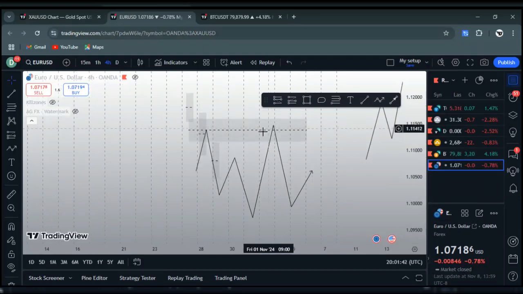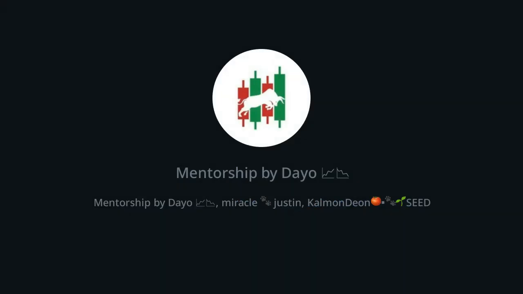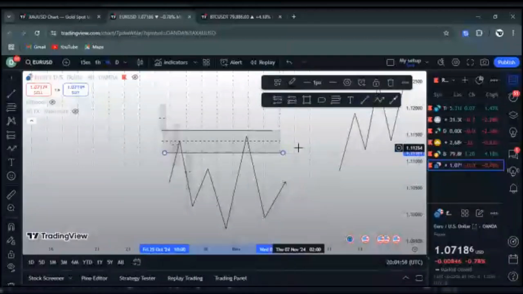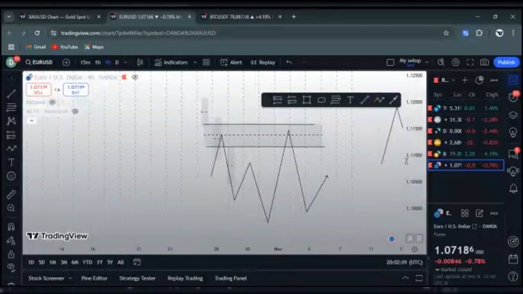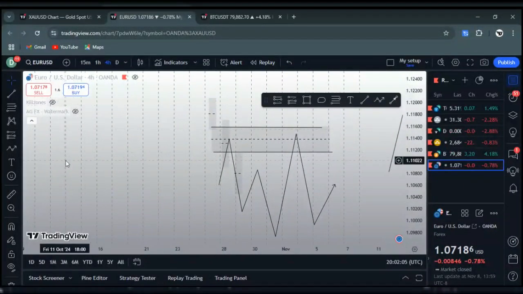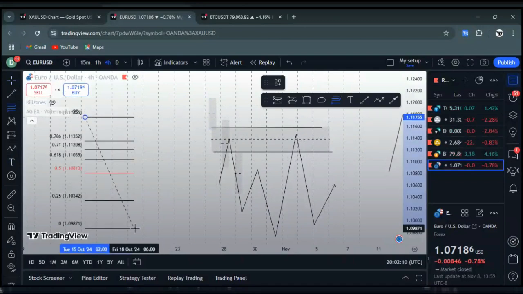For instance, when you mark out the space between the fair value gap, that space, for instance, from this wick to this wick. I know all of us are very familiar with Fibonacci. If you don't know Fibonacci, it is a tool that is used to measure retracement.